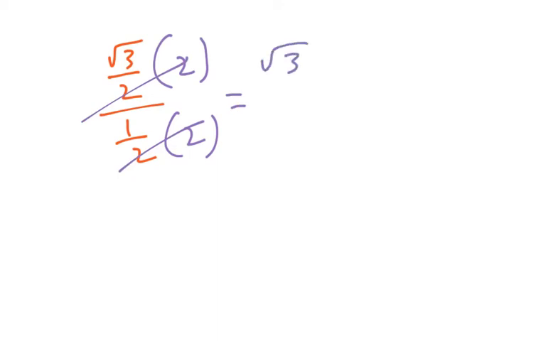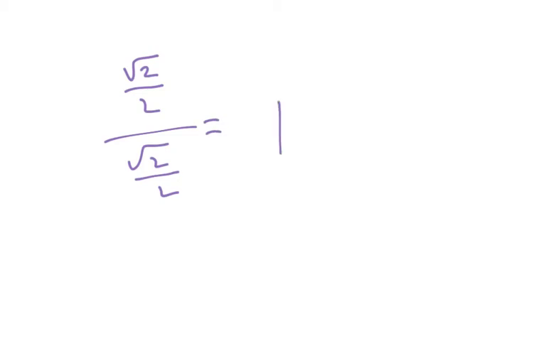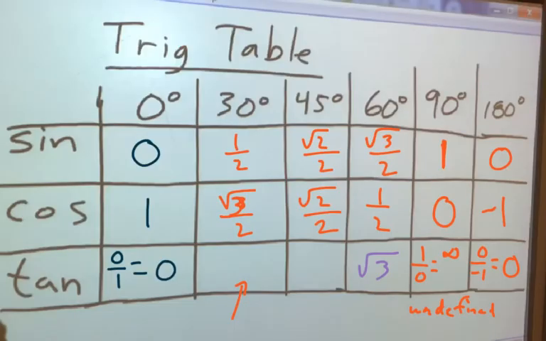And notice I have square root 3 over 1, which is square root of 3. So the tangent of 60 is square root 3. What about the 45? Since they're both the same value, right? I hope you agree that if I took square root 2 over 2 divided by itself, it's going to be 1. Anything divided by itself is 1, right? So we know that's 1.